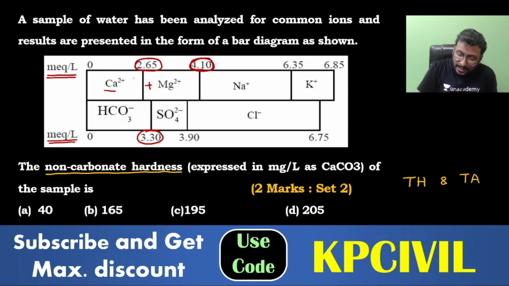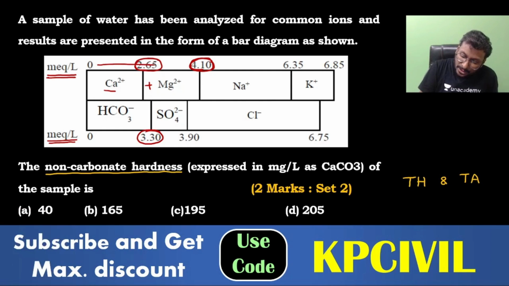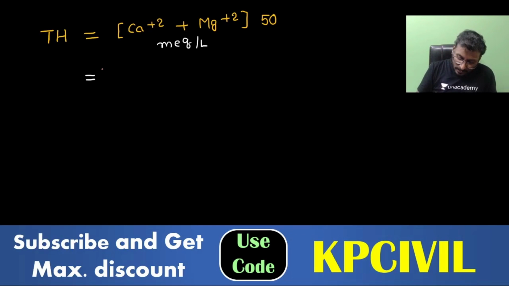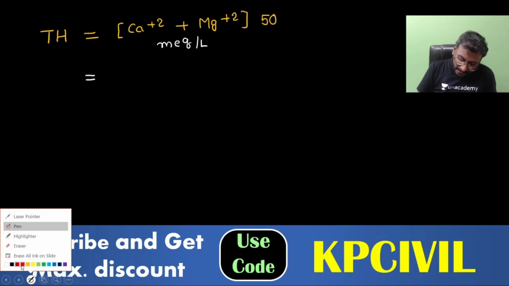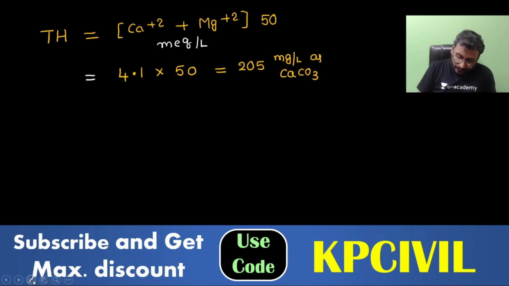Sum of calcium and magnesium is 4.1. So simple, you can take it as 4.1 into 50. You will get 205 milligram per liter as CaCO3. This is total hardness.